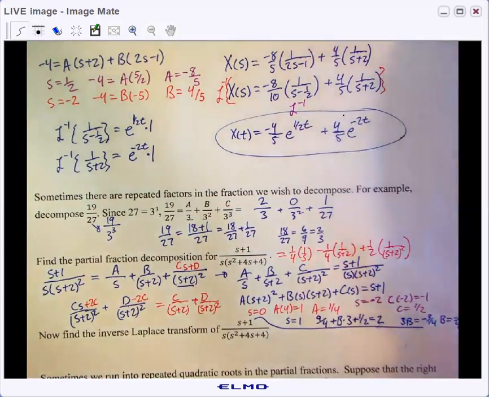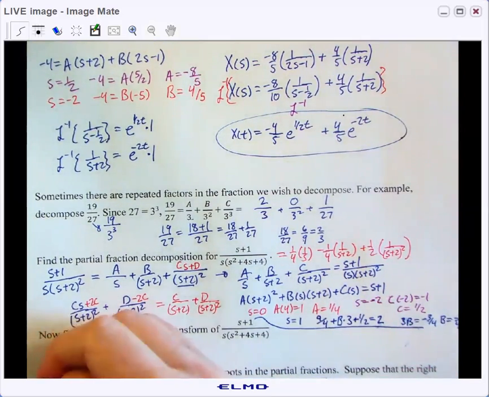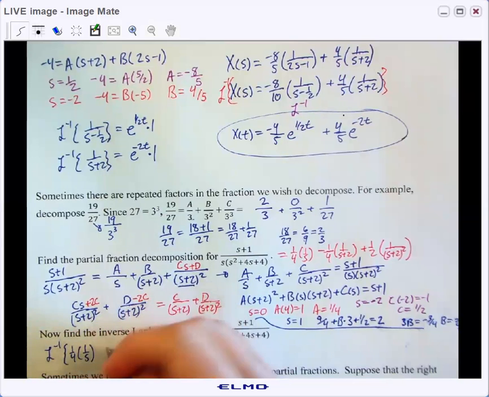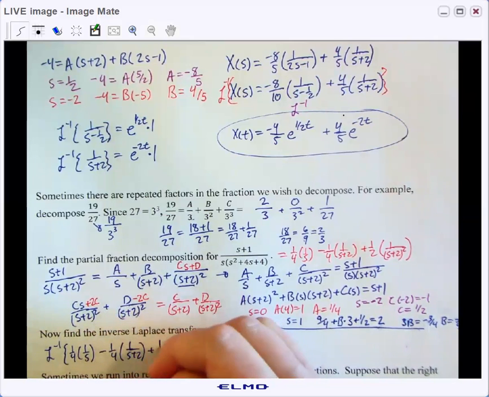And we're going to finish this guy, and then we'll go to our next video. So if we do the inverse Laplace transform for 1/4 times 1 over s minus 1/4 times 1 over s plus 2 plus 1/2 times 1 over s plus 2 squared.